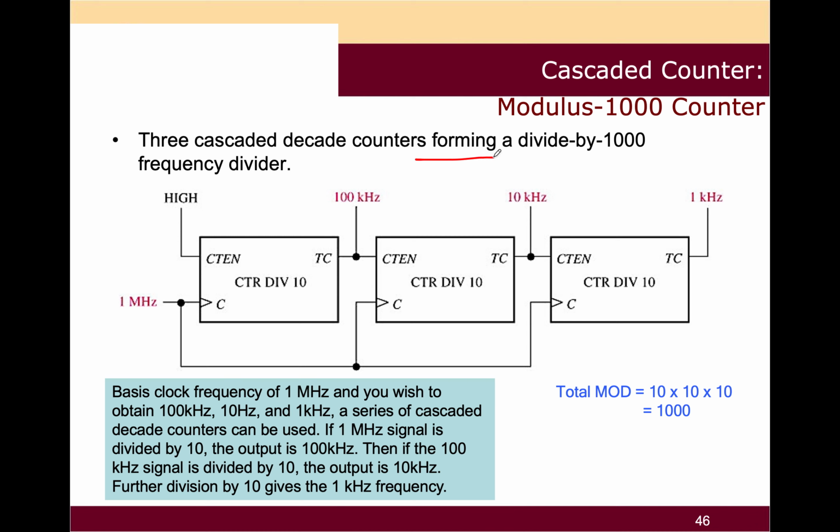The counter performs a divide by 1000 frequency divider. So for the basic clock, you can read this. Total MOD, or modulus, is 10 times 10 times 10, so you get 1000. MOD is the short form for modulus.